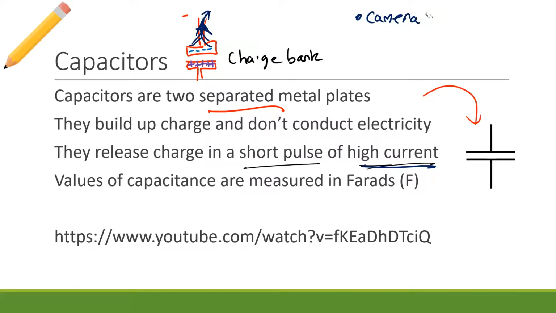It builds up a lot of charge leading up to the bulb, and then just before you want to take the photo, it releases the charge. All that charge produces a high current through that bulb, which makes a really bright flash. And that's how the original capacitors were used.